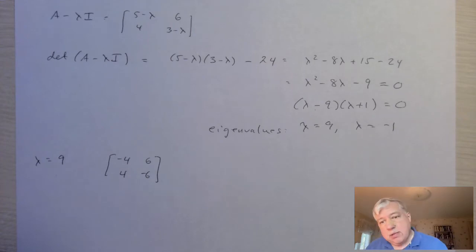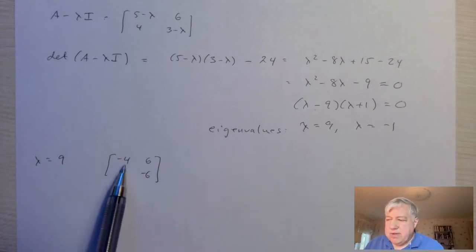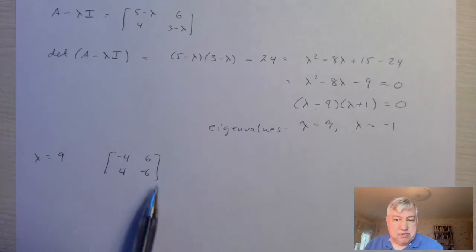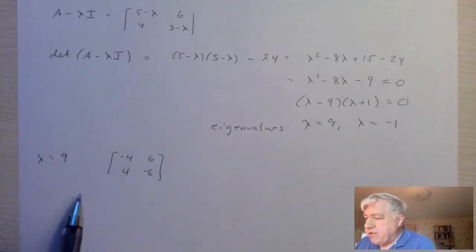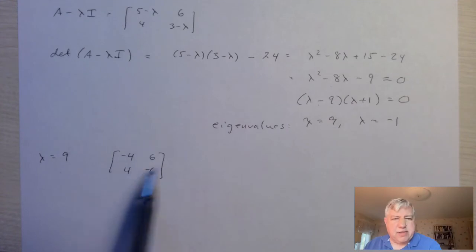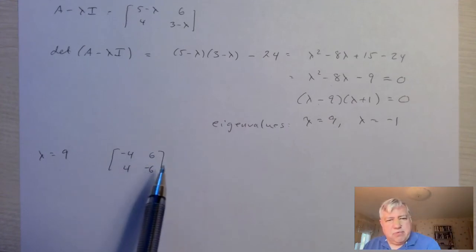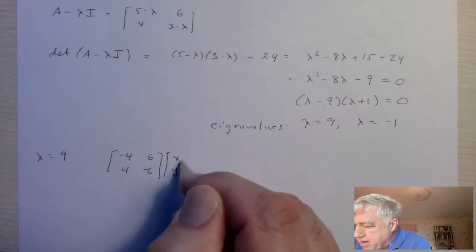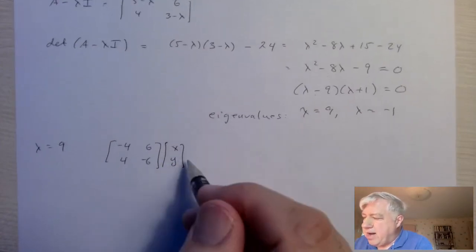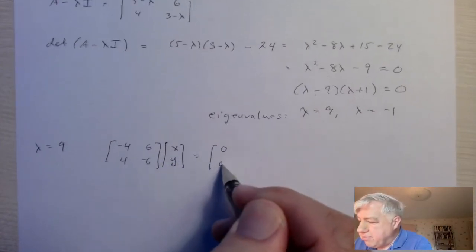Now in this case, you could go ahead and do reduced row echelon form, but you can see that these rows are going to be multiples of each other. And once you do the calculations correctly, they won't be that bad. We're trying to find these vectors x, y such that this is equal to 0.